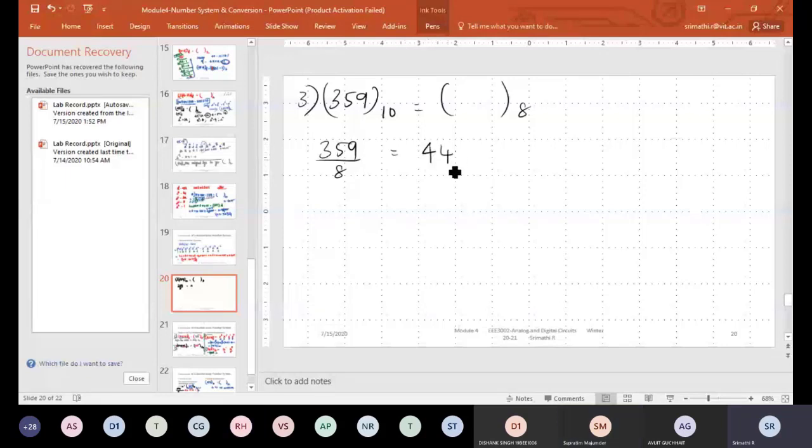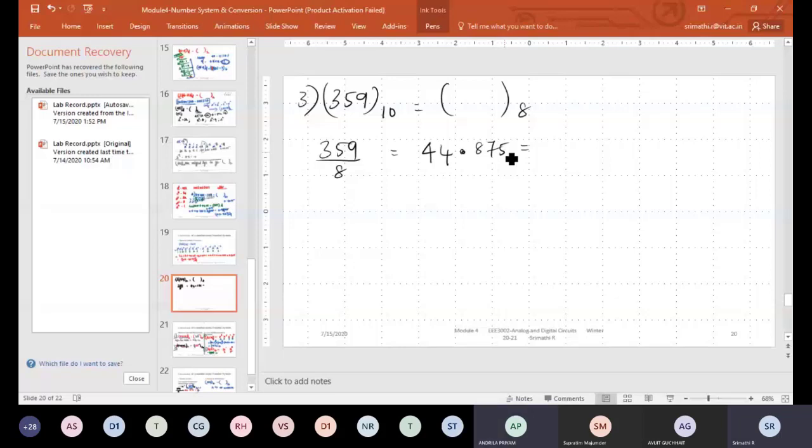You have to tell me in fractions. 44.875. Right. What about your remainder? Let me check. Ma'am, 7 is the remainder. So let me write 7 as the remainder.